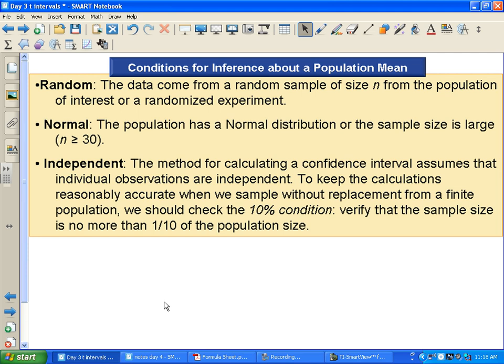This is the proof if you're going to create a confidence interval using the t statistic, this is your justification as to why. And it's 3 things. Independent, random, and normal. Those are the 3 things. Independent, random, and normal. Okay?